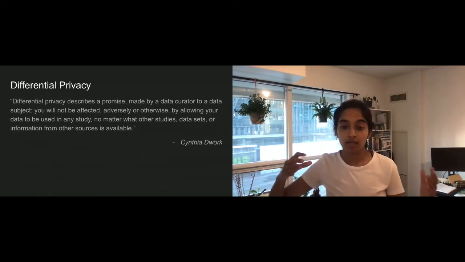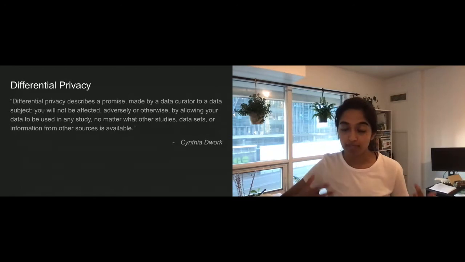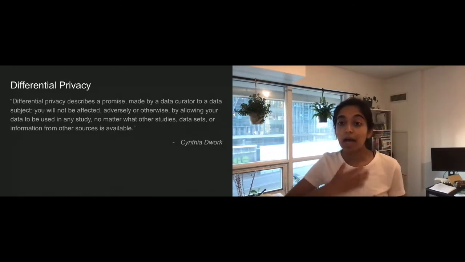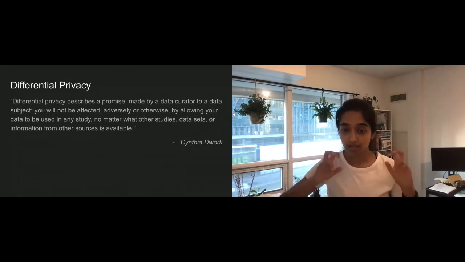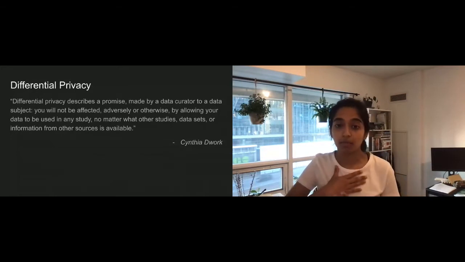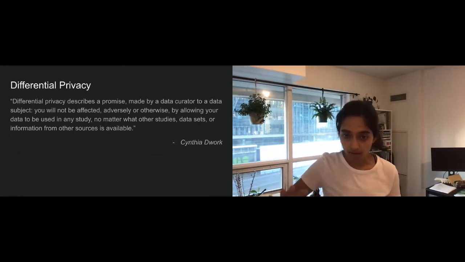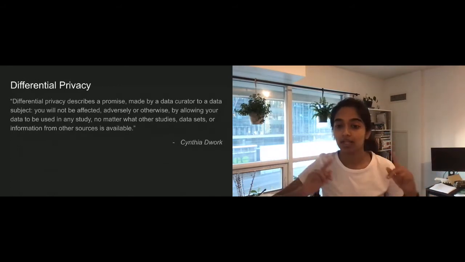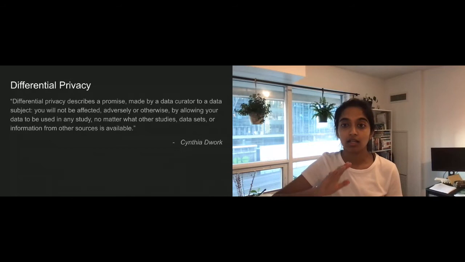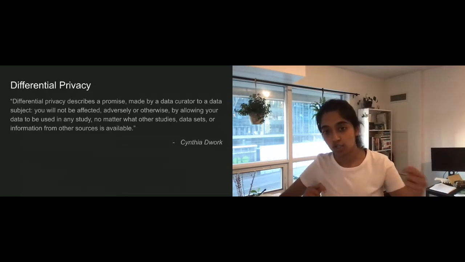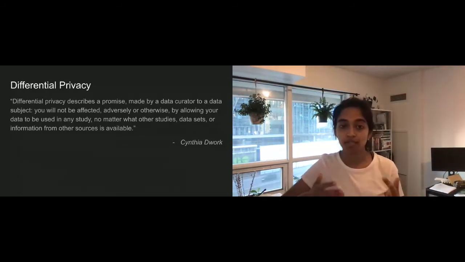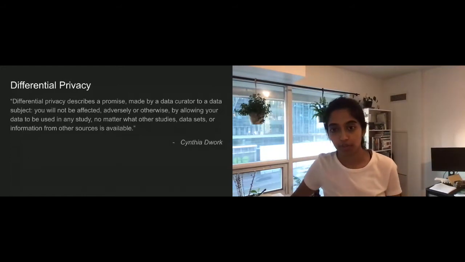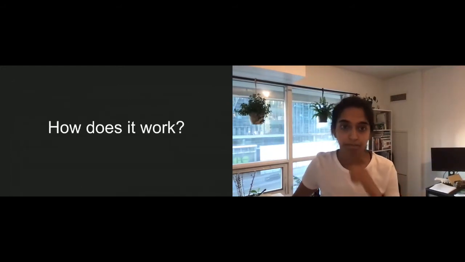So if I am in the field of differential privacy and collecting your data, I'm making a promise to all of the data subjects within my database that you will not be affected in any way at all, regardless of what information is out there. There will not be any linking attacks that can link a particular data record back to you. This is the promise and the definition of differential privacy. So how does this work?